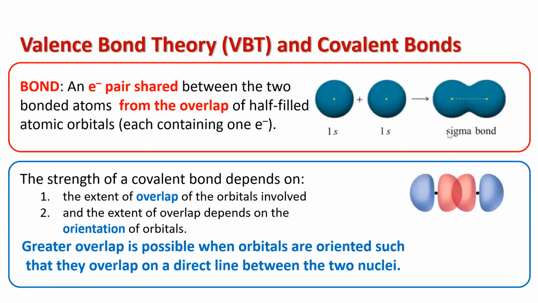For example, here we have a p orbital and another p orbital overlapping, which is different than if they were at angles. There's a lot more overlap when they're lined up directly in line with each other than when they're off center from each other.